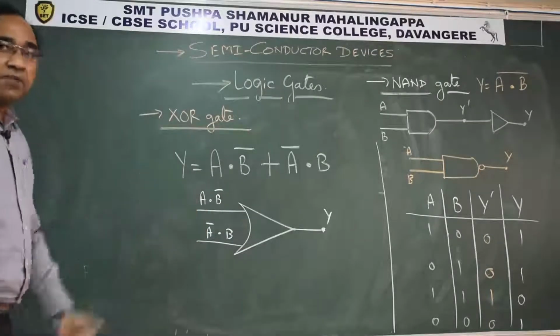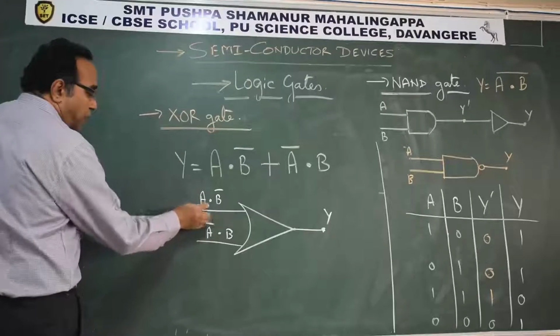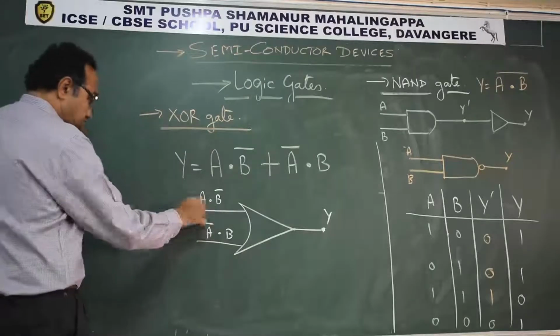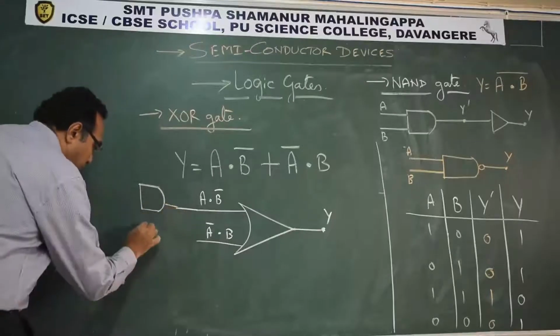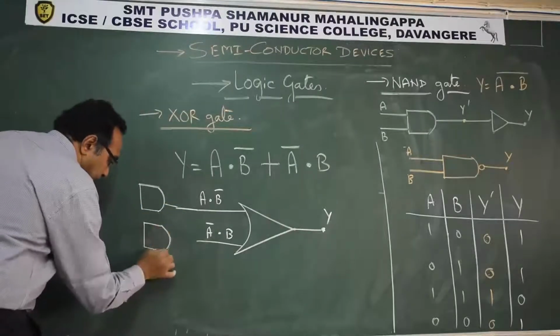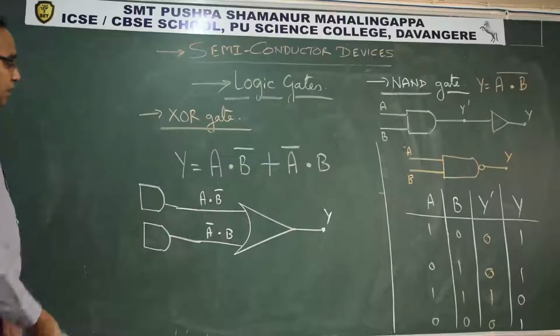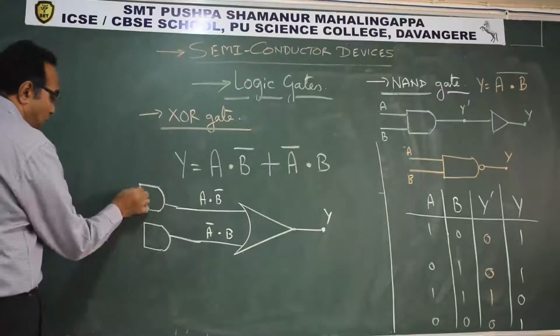Draw the circuit diagram backwards. See, this is the output of an AND gate. The inputs of the AND gate are what?